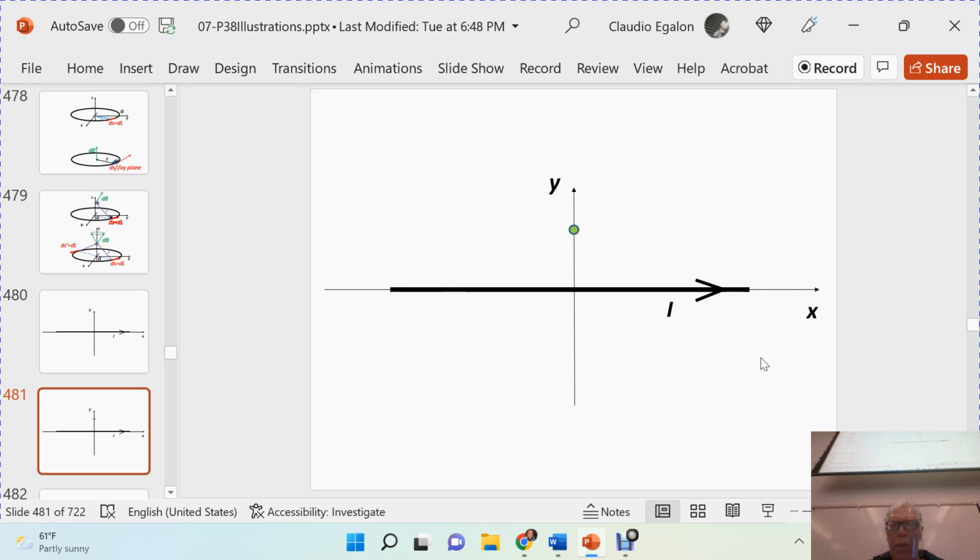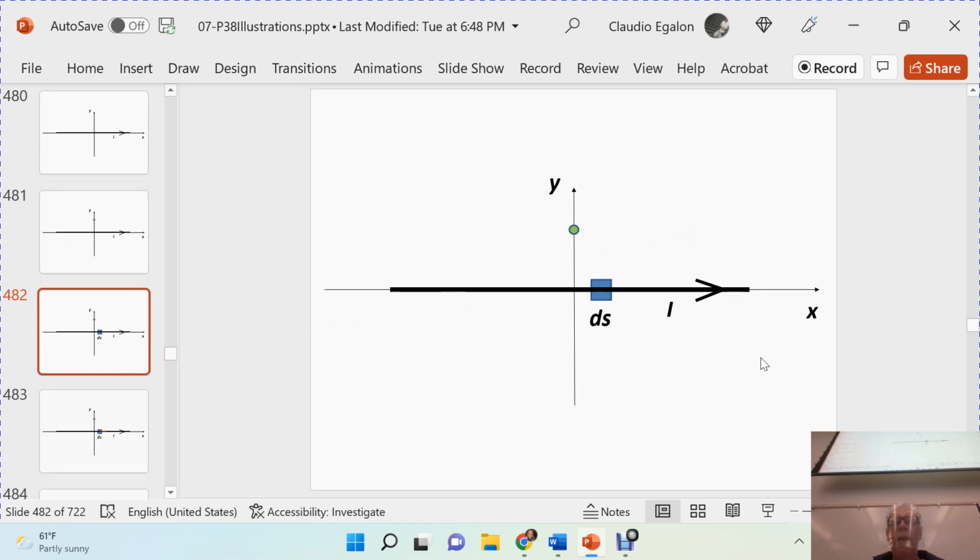And you get a ds, that's the vector ds to the right along the x hat. Here's the vector r from the ds to the point where you're calculating the magnetic field. That's the angle. The angle starts at 0 and ends at pi.